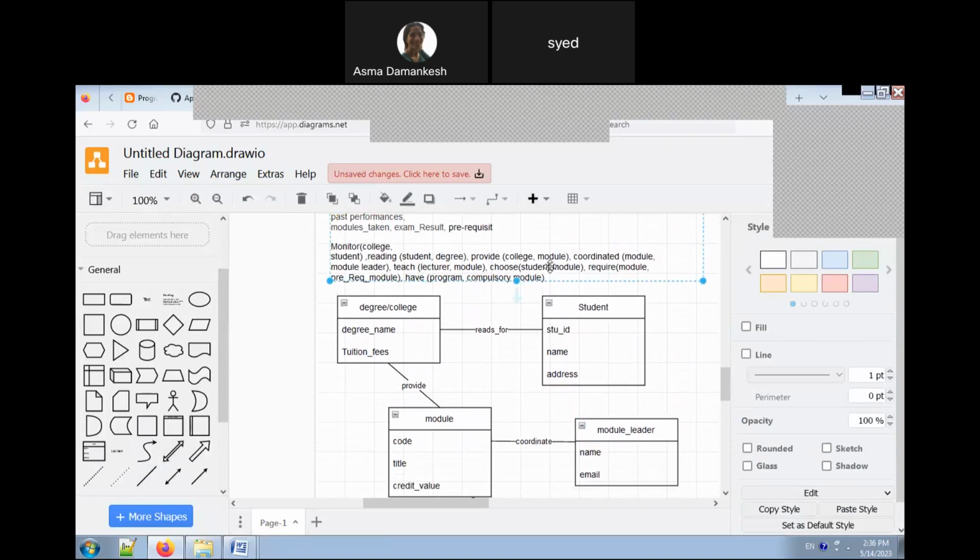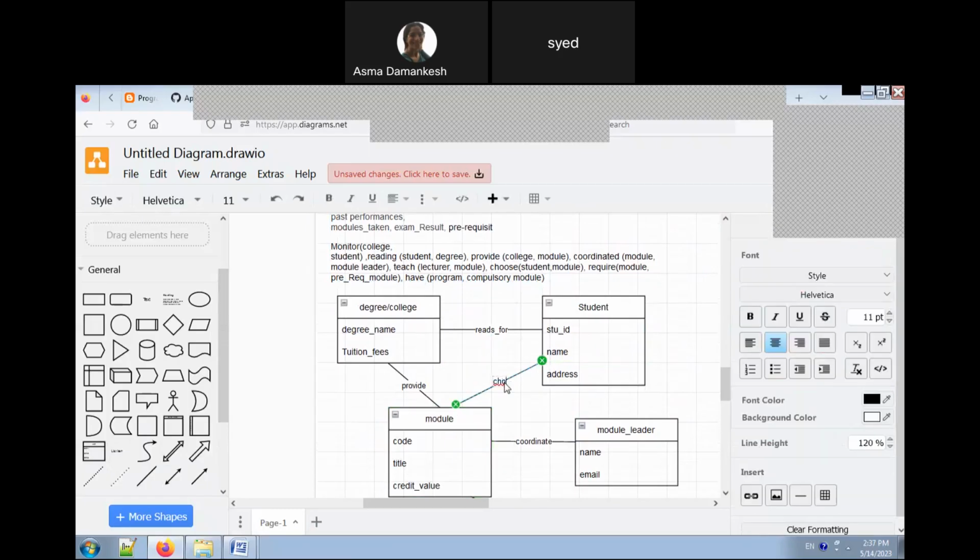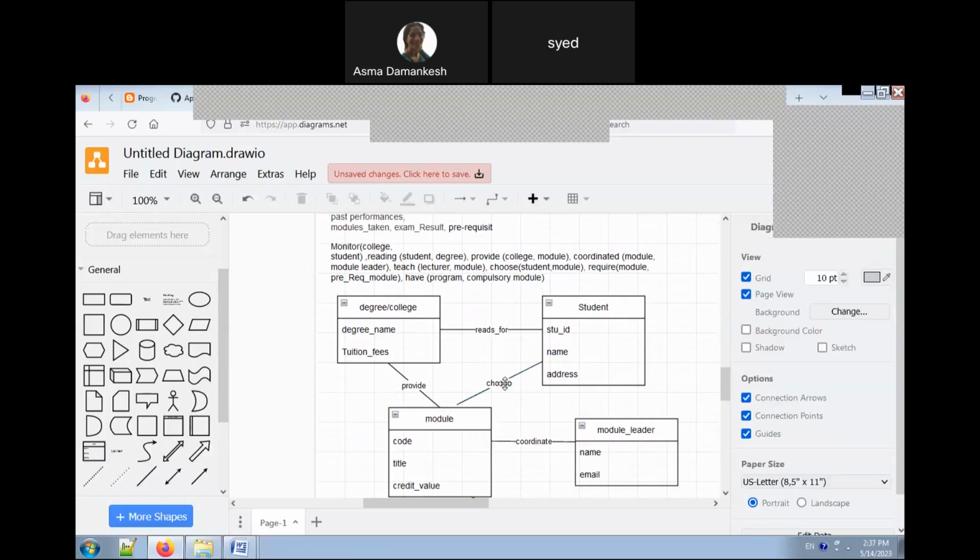Okay. A student chooses a module. So I have the student, I have the module. I'm just going to add the relation only. Choose. You can change the name based on what you want, but this is just to capture the exact same explanation.